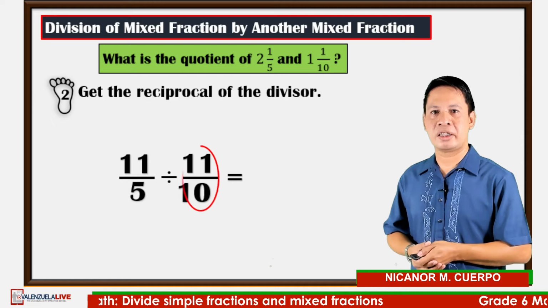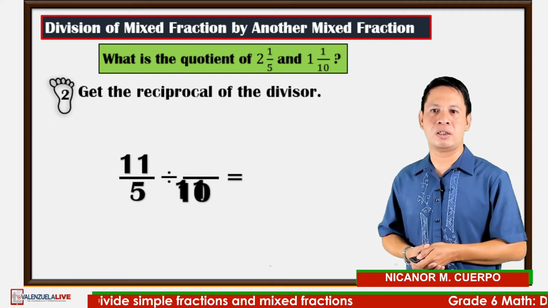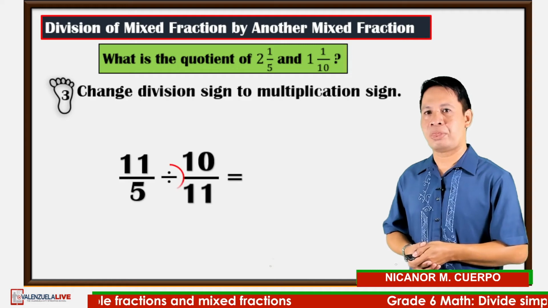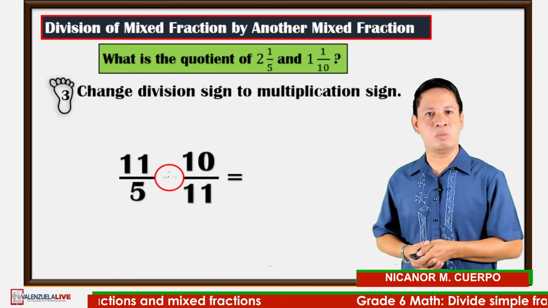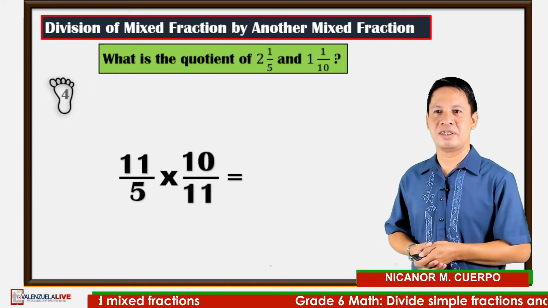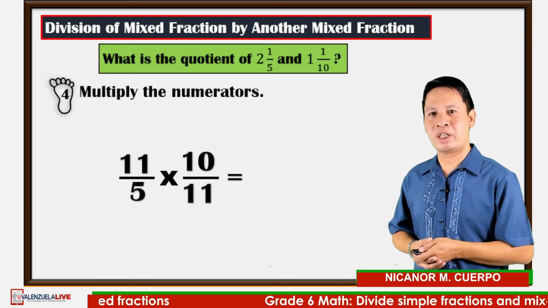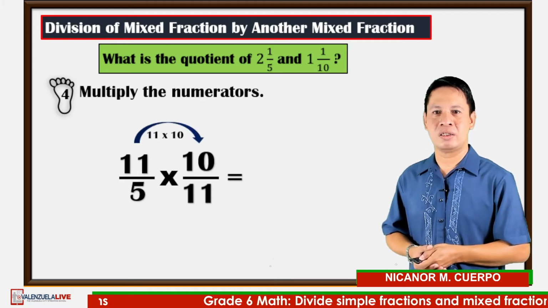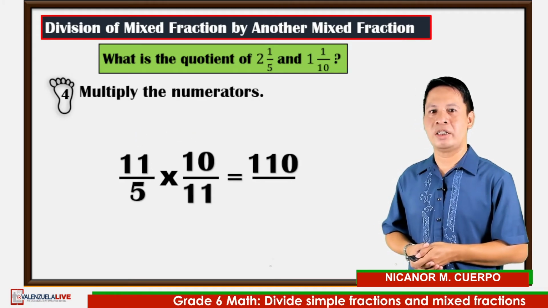Step 2, get the reciprocal of the divisor. Step 3, change division sign to multiplication sign. Step 4, multiply the numerators. 11 times 10 equals 110.